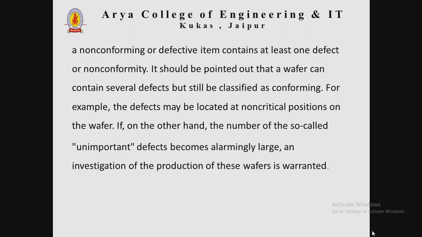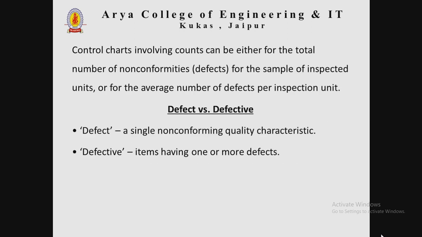If, on the other hand, the number of so-called unimportant defects becomes alarmingly large, an investigation of the production of these wafers is warranted. The control chart involved counts can be either for the total number of non-conformities.